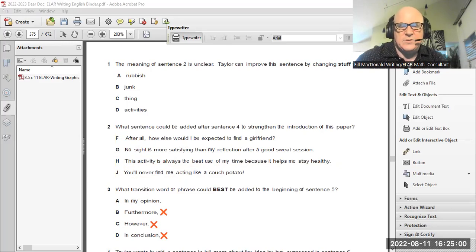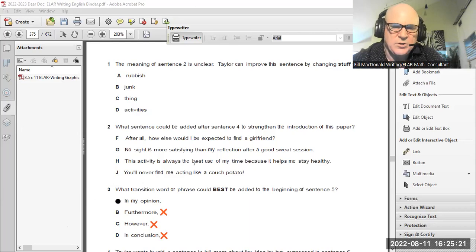So the best answer for this question would be letter A, where you say what transition, word, or phrase could be added, in my opinion. Okay.